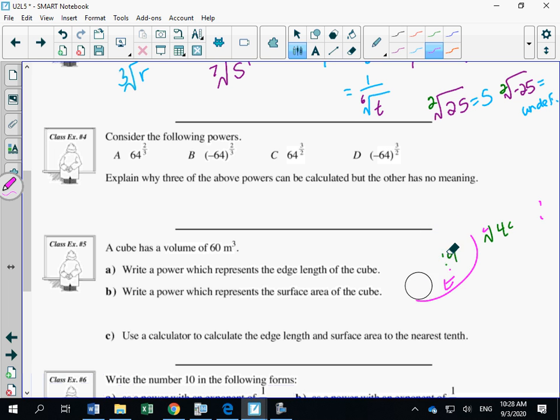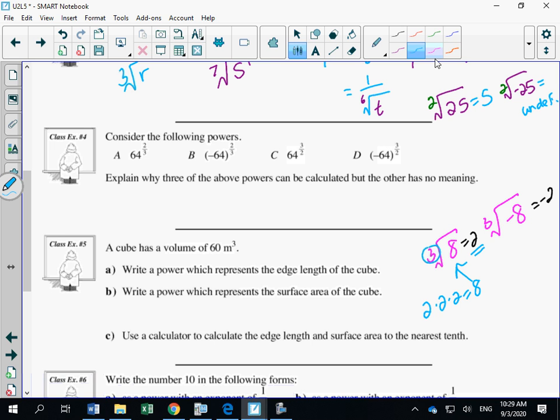Now, the next thing I want you to type in is the third root of 8 and the third root of negative 8. Both of these will give you an answer. So that gives you the answer of 2, and that gives you the answer of negative 2. Here's the reason why. 2 times 2 times 2 is equal to 8.